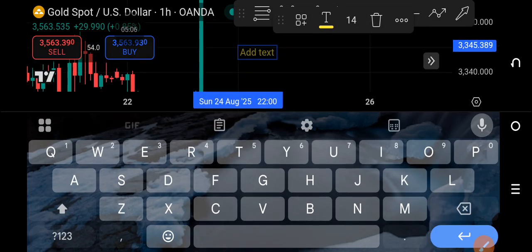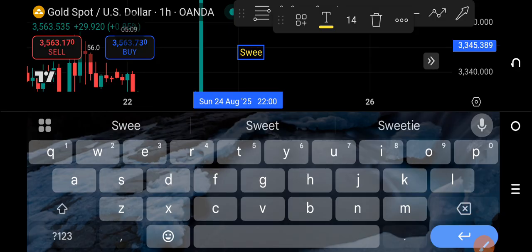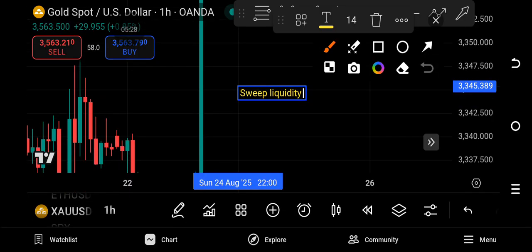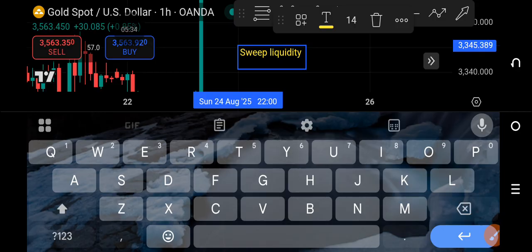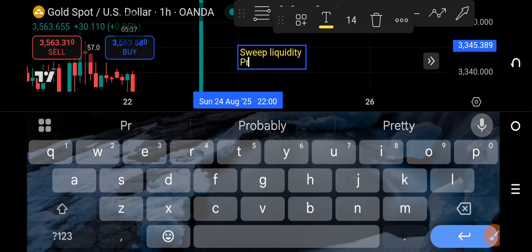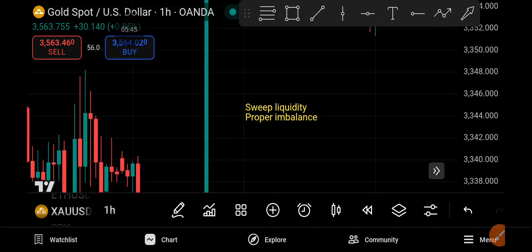It has to sweep liquidity first, and at the same time it has to create an imbalance, a proper imbalance.